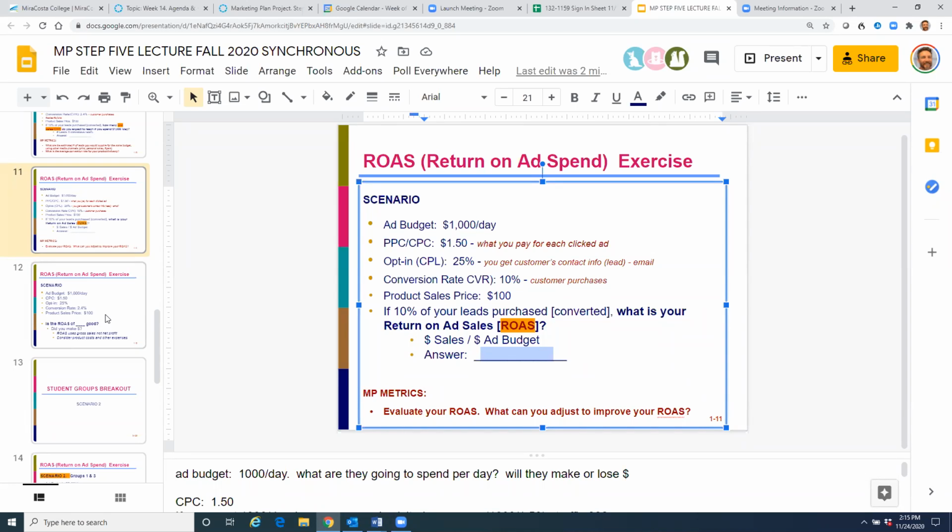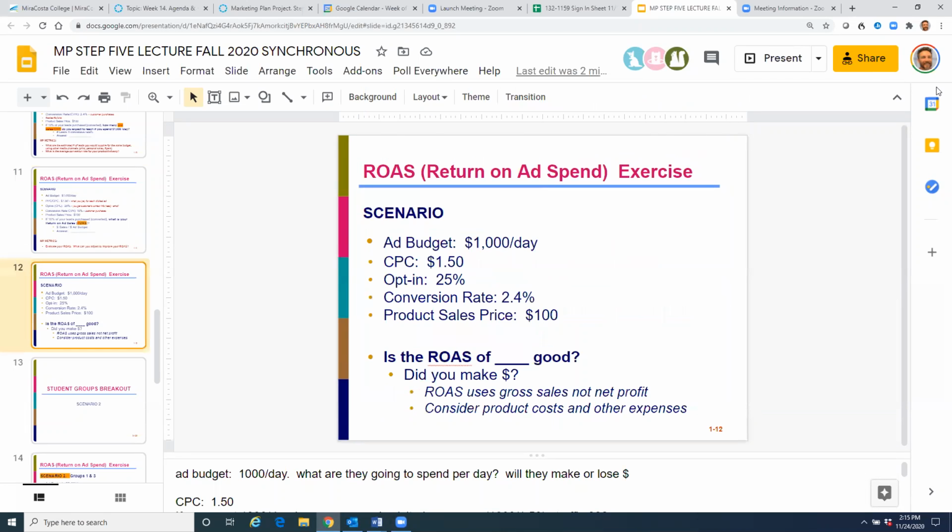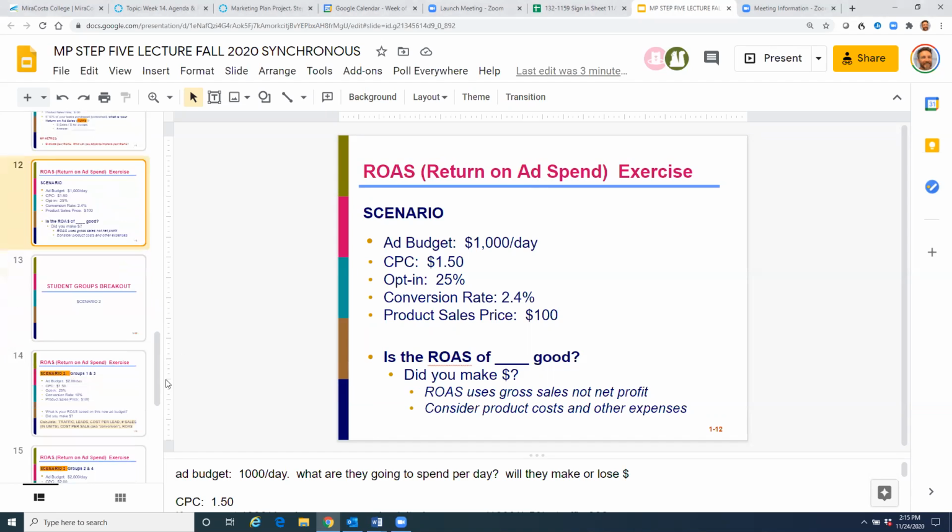That's good. All right. So what I want to do now is have you crunch the numbers, and I'm going to put you into student groups. The last slide here asks whether a return of 1.6 or 2.2 or 3 is good. You can also Google the average return on ad spend for your industry and find that information there.